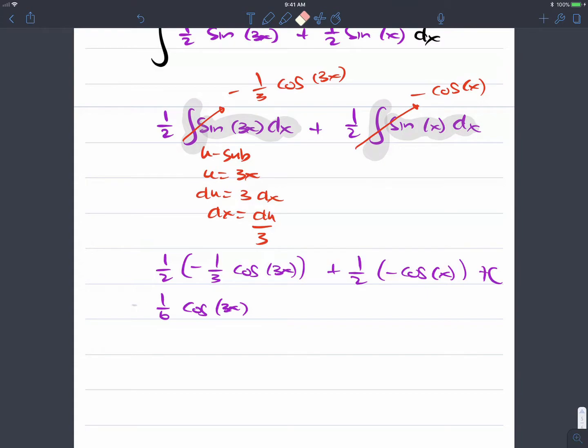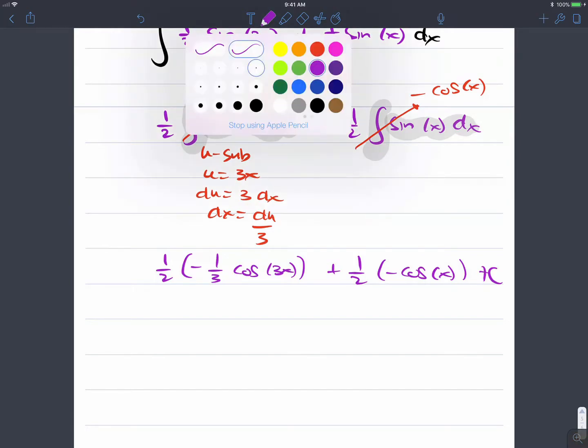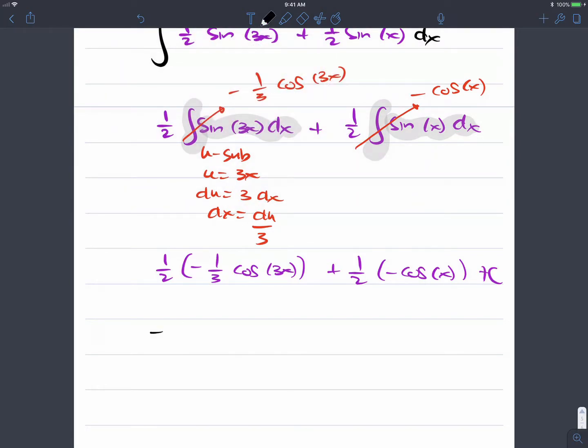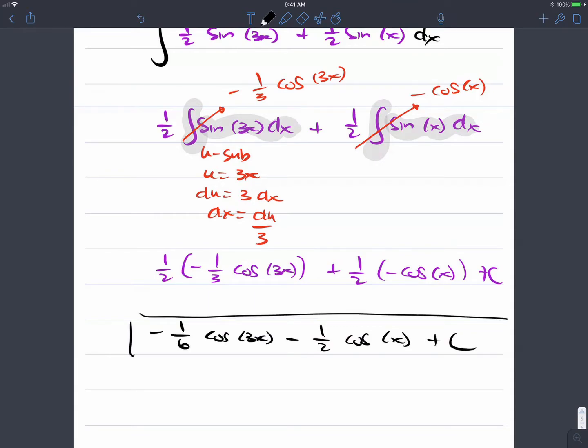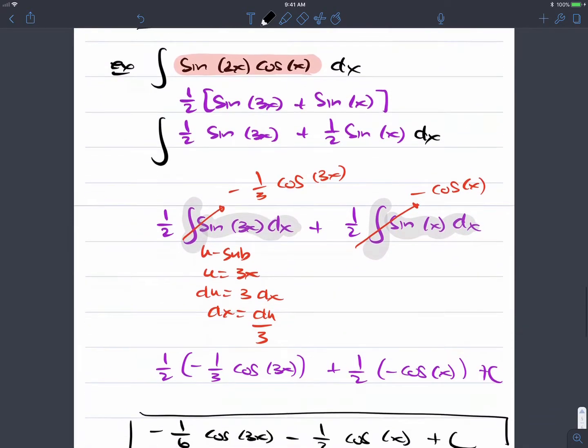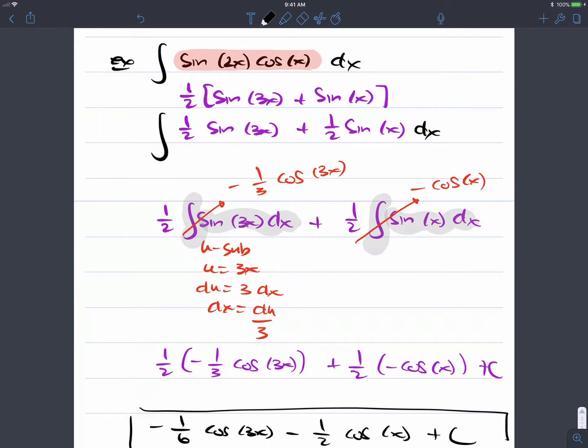Let's put this in a final answer format. Minus 1/6 cosine 3x minus 1/2 cosine x plus C. You are done. So this is what we have when we have a sine times cosine.